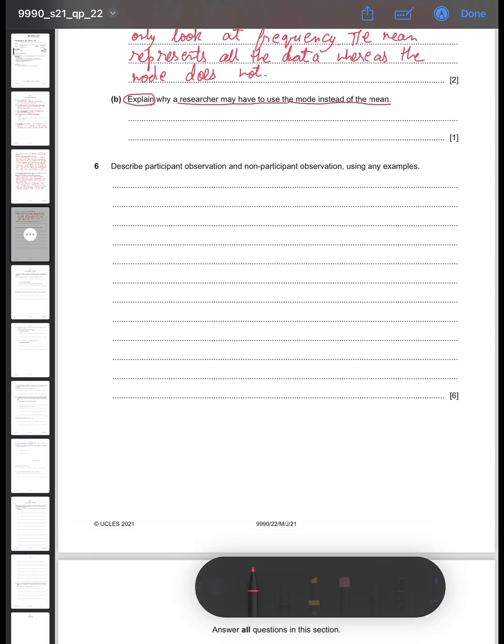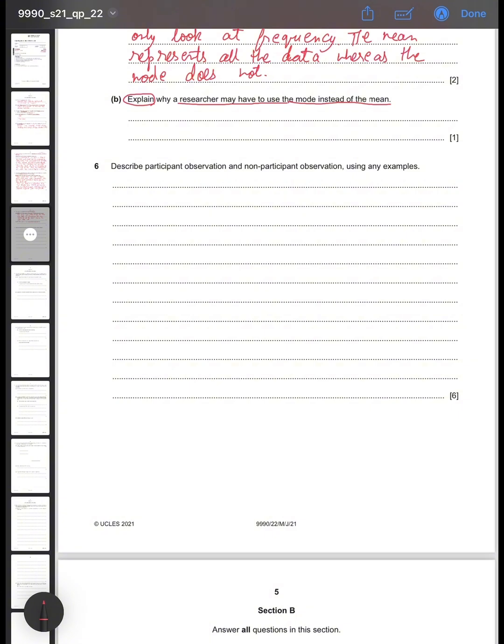Now question number 5 part B says explain why a researcher may have to use the mode instead of the mean. So for this you can write that when the data is in categories, the researcher finds mode easier.